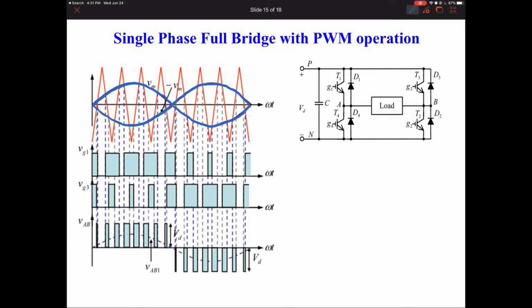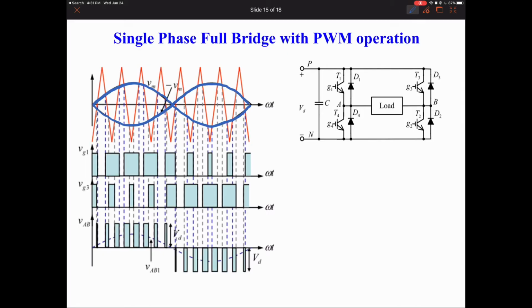Output frequency will be the reference frequency or the modulating waveform frequency, and the magnitude of the output is again controlled by controlling the modulation index. And when we change the modulation index, that means we are changing the magnitude of these sine waves. So by changing the magnitude of the sine waves, we can change the width of the pulses and we can control the output voltage. Okay, now how does unipolar switching take place?